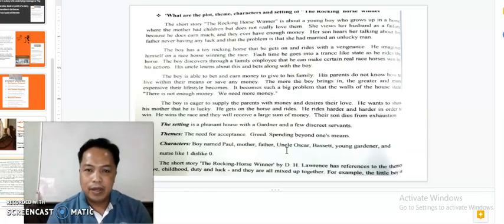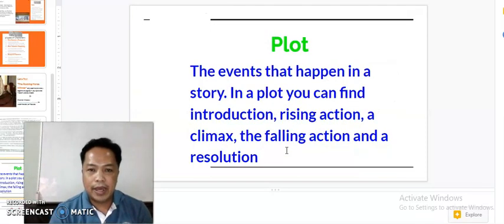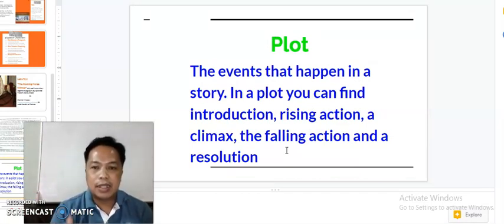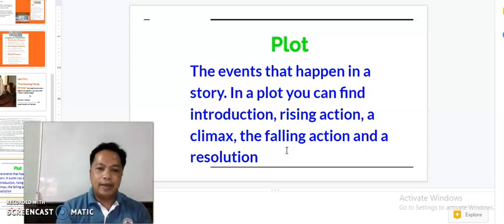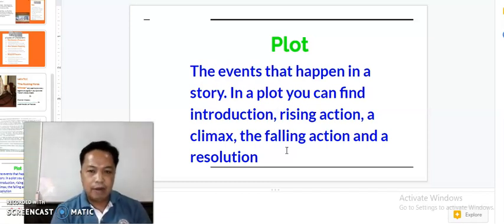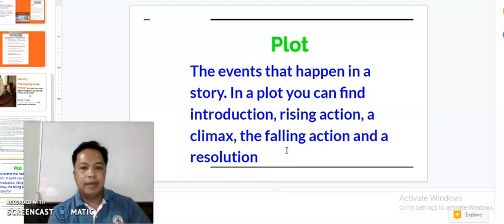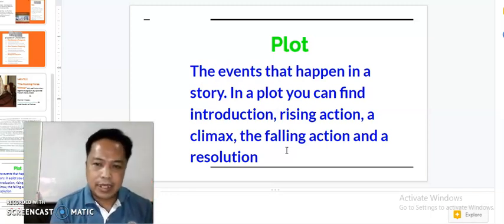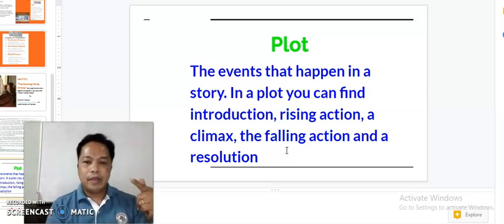Okay. Plot. What is plot? This is the events that happen in a story. In a plot, you can find the introduction, rising action, a climax, which is the most important part of the story.